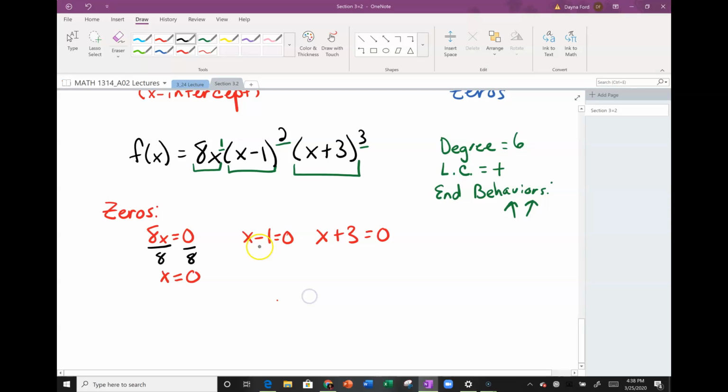On the x minus 1, I'm going to add 1 to both sides, which gives me that x is equal to a positive 1. And on the last one, I'm going to subtract 3 from both sides, so I get that x is equal to a negative 3. These are my zeros. These are my x-intercepts. So I would have a point at (0, 0), at (1, 0), and at (-3, 0).